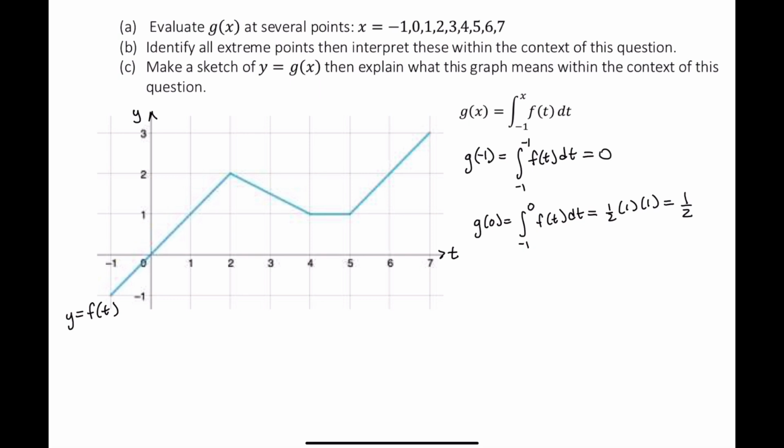And now before I continue, though, there's something missing here. This is below the t-axis. So since it's below the t-axis, this is negative signed area. So I need that negative sign there.